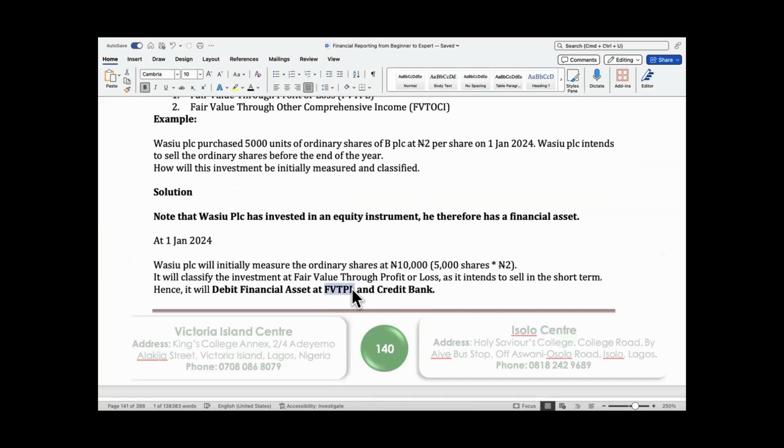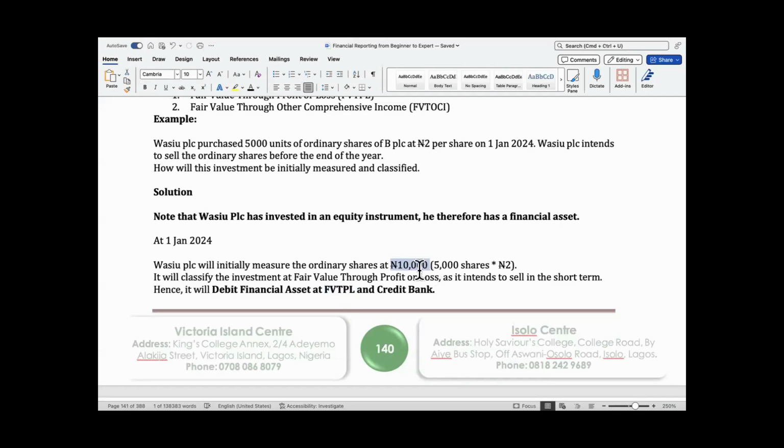But if we were to classify this financial asset at fair value through OCI, it means that the transaction cost will be capitalized. That is, instead of the 10,000 that we have in the financial asset account, we would be having 10,500 now.